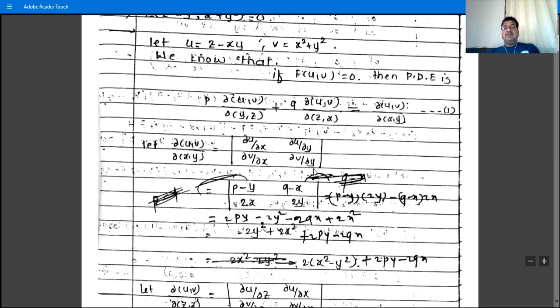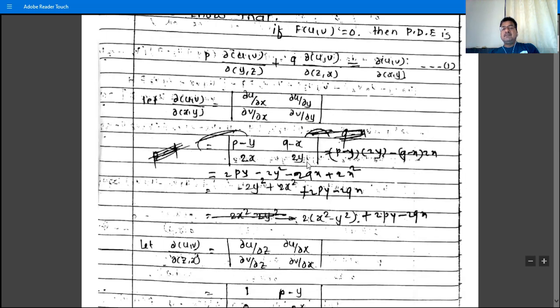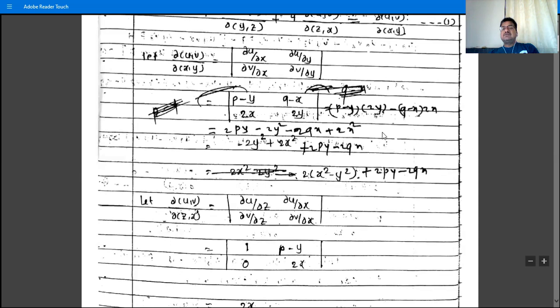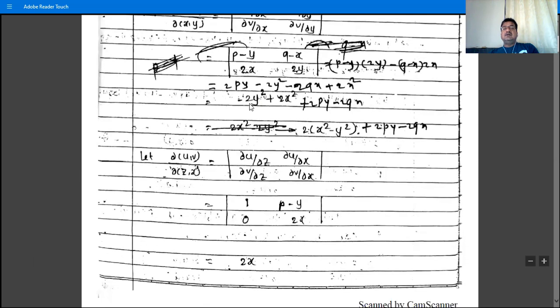Then ∂v/∂y is 2y. After solving this determinant, we have (p − y)(2y) − (q − x)(2x). That is 2py − 2y² − 2qx + 2x², that is, −2y² + 2x² + 2py − 2qx.